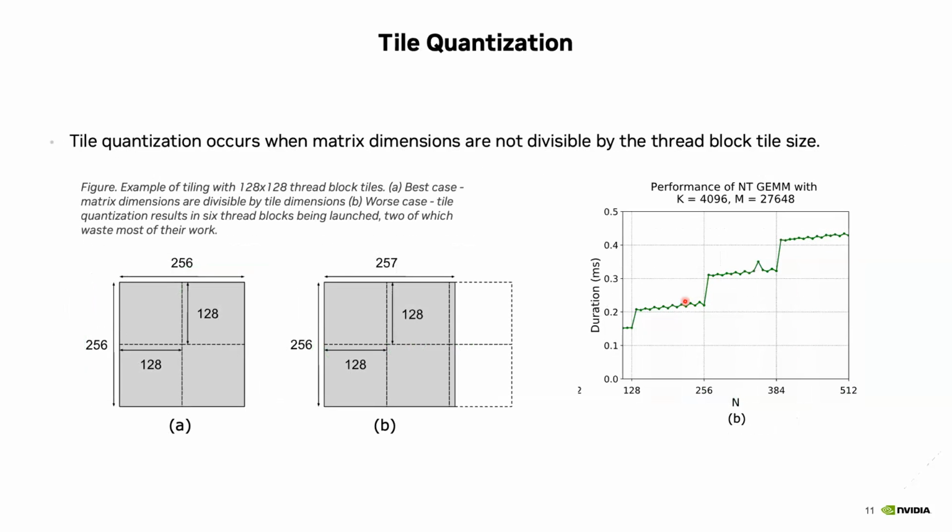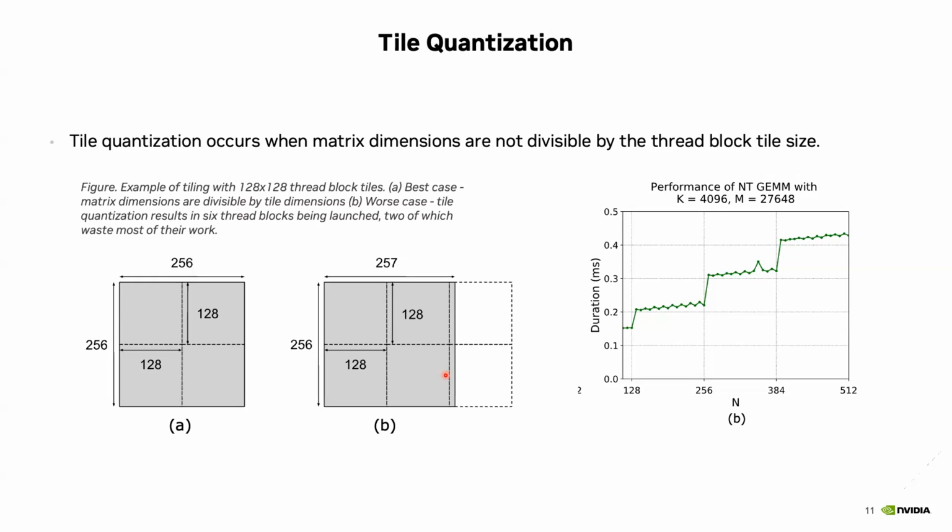Now we come to the first thing that really matters, which is tile quantization. When I split my matrix into tiles, the size of the initial matrix really matters. For example, if my matrix is 257 times 256, then in one of the dimensions I will have to launch another compute just for this one column.